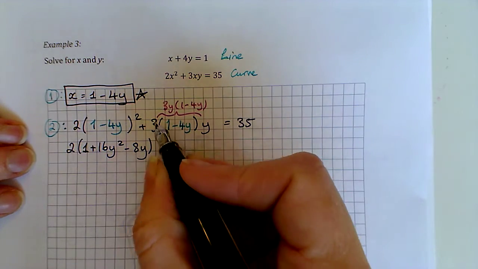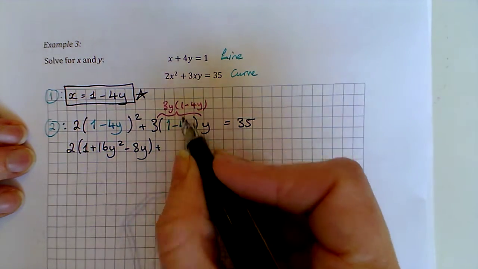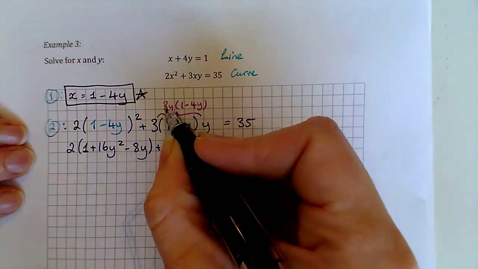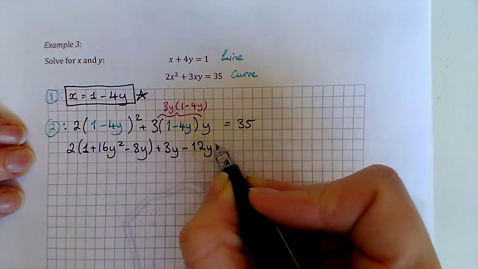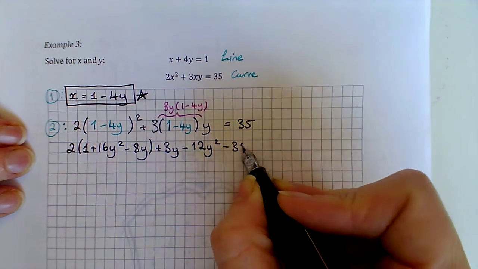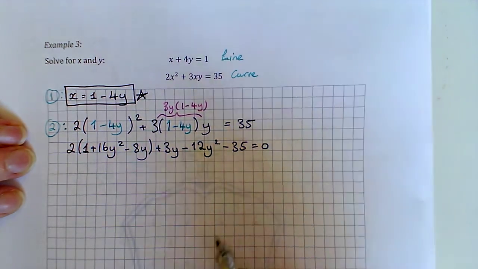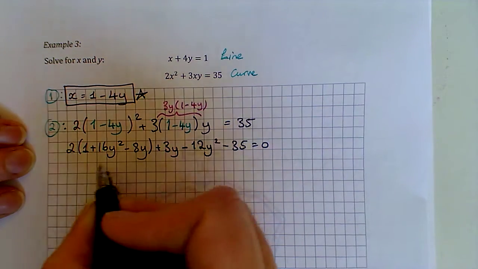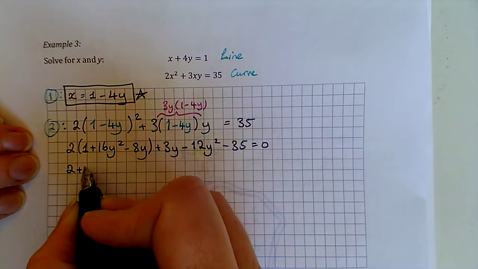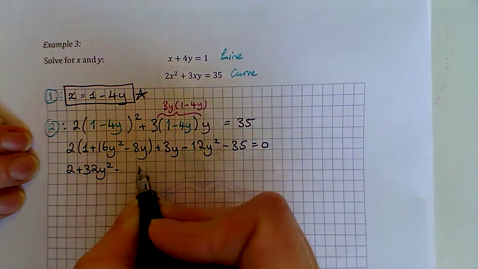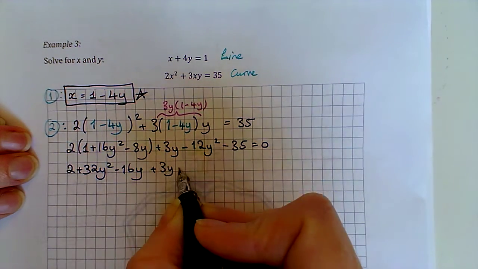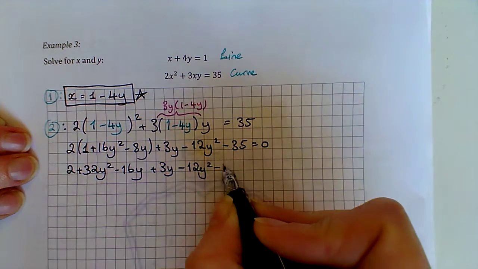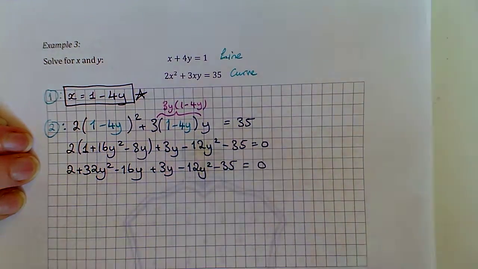Then this will be plus 3y by 1, 3y, plus 3y by minus 4y, minus 12y squared. And I'll bring my minus 35 over at the same time. Multiply out everything. 2 plus 32y squared minus 16y plus 3y minus 12y squared minus 35 equal to 0.